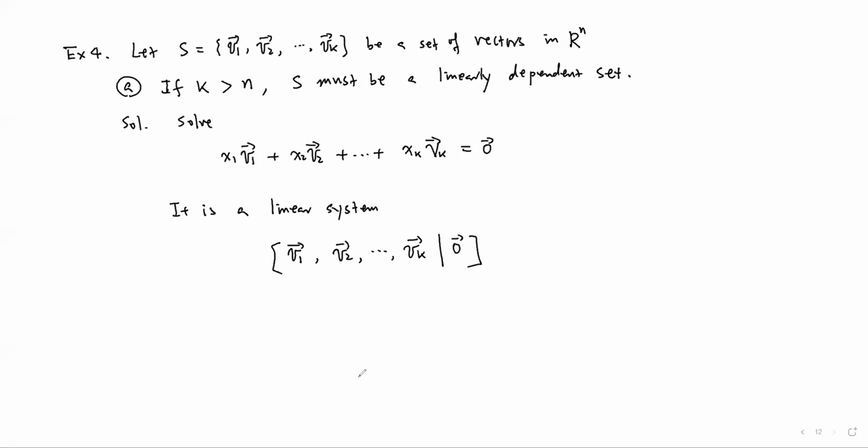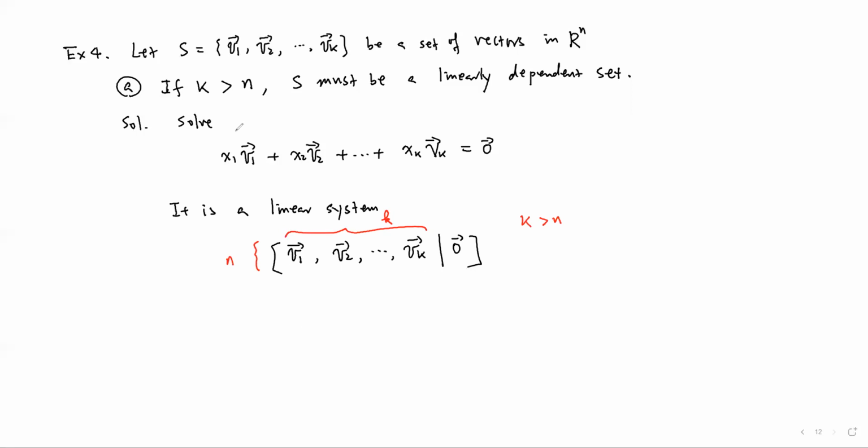How many rows does this matrix have? n rows. And k columns. Now k is greater than n.